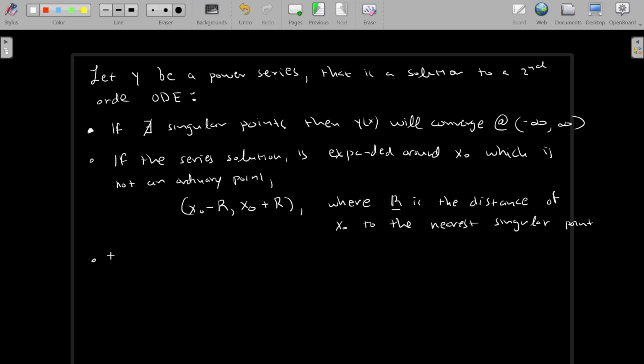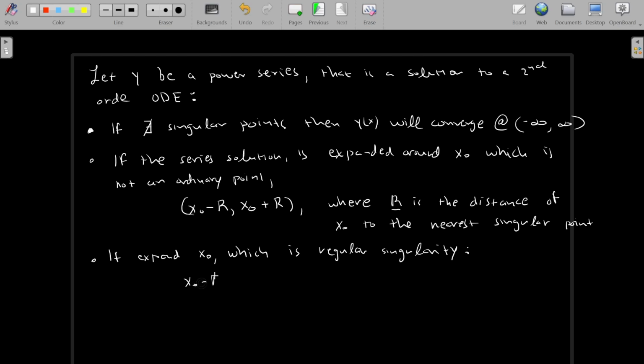And finally, if we expand around x naught, which is now a regular singularity, then the series will converge at almost the same interval, but without the point itself.